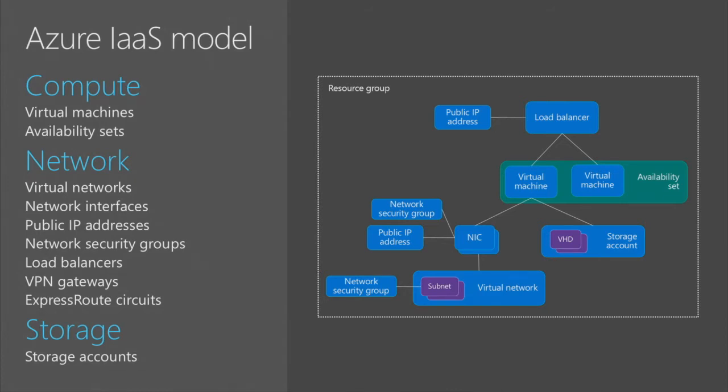So that's the key goal here. So at a high level, what we do in compute is, obviously, offer virtual machines, right? The second aspect is the availability set construct that allows you to place these virtual machines together to tell the platform to maintain high availability, maintain the same SLA. So we go and do that.